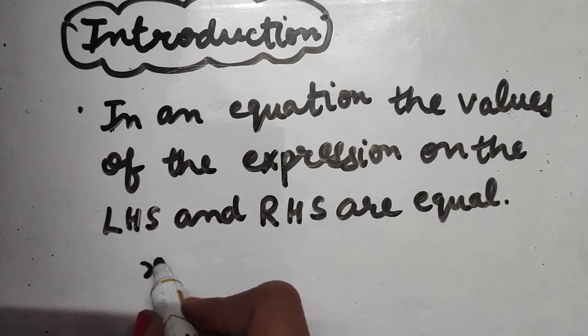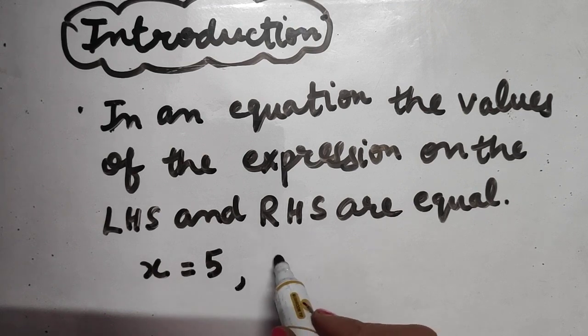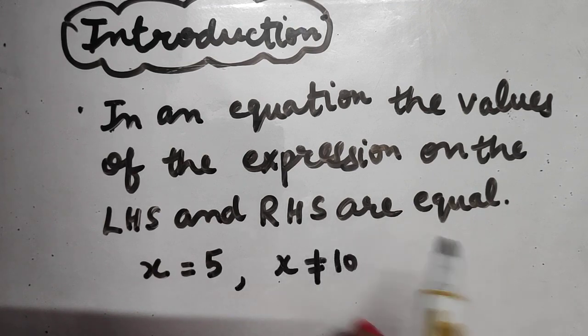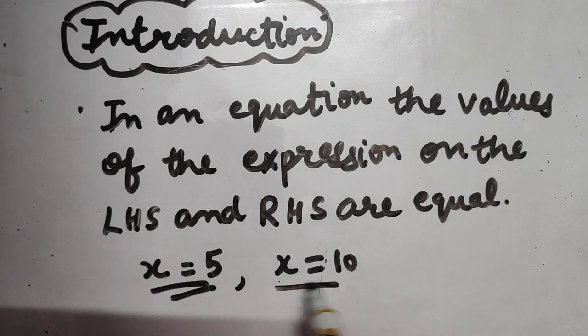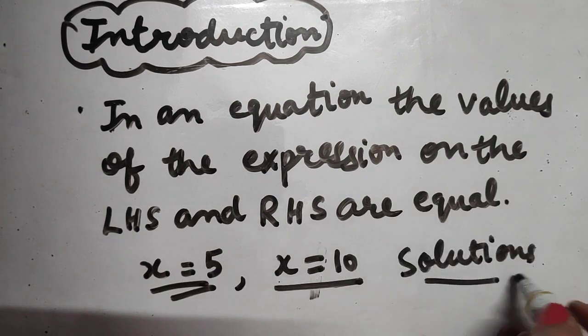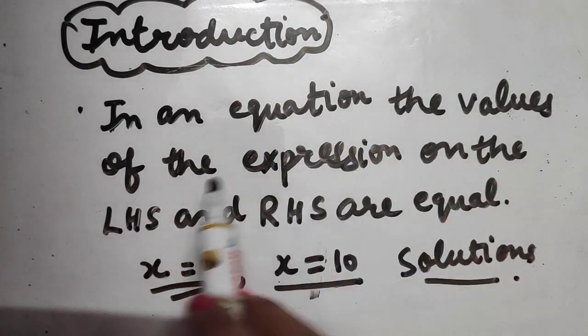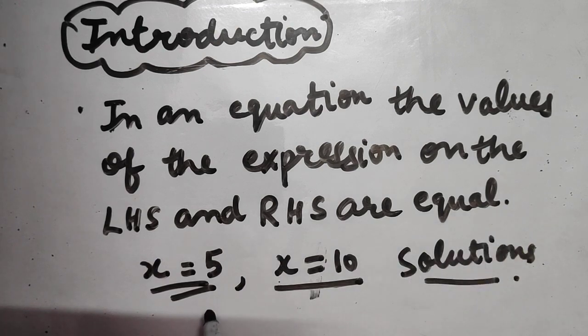Like we have seen in the above example, the equation was true for x is equal to 5, but it was not true for x is equal to 10. These values are known as solutions of the equation.